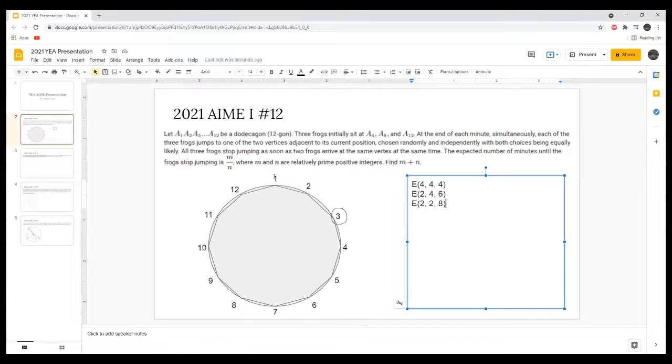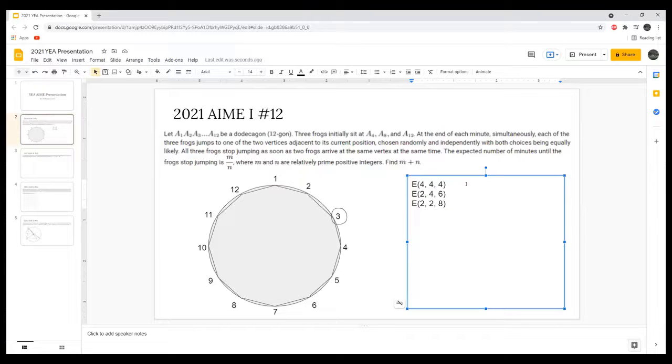And then notice what the frog at point 8 does. No matter whether it moves to point 7 or point 9, it'll always be 4 and 6 spaces apart from the two frogs. We could have 1, 3, 7, or we could have 1, 3, 9.